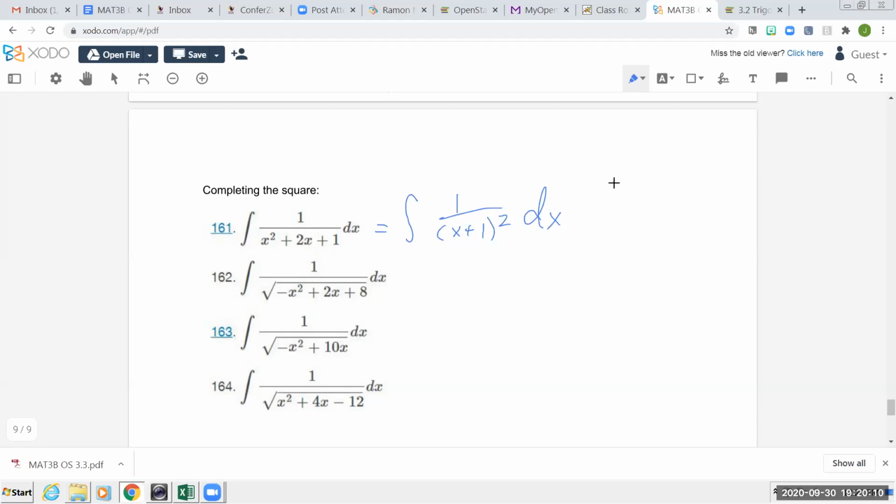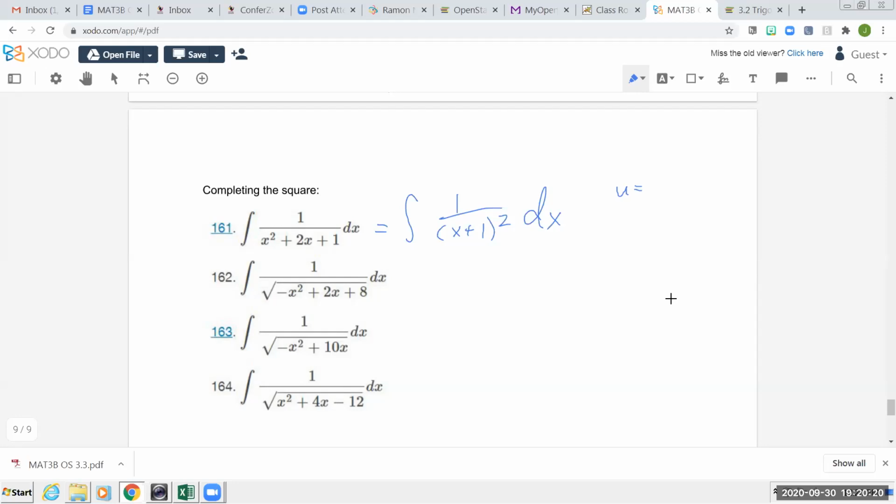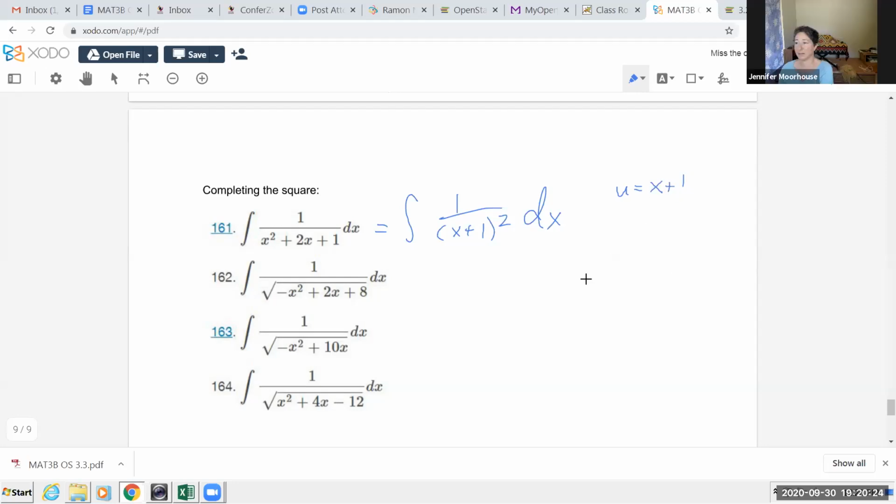So I would just do a basic u sub. What do you want u to be, though? That's the question. U should be x plus 1. Exactly. And then that becomes 1 over u squared, or just u to the minus 2.